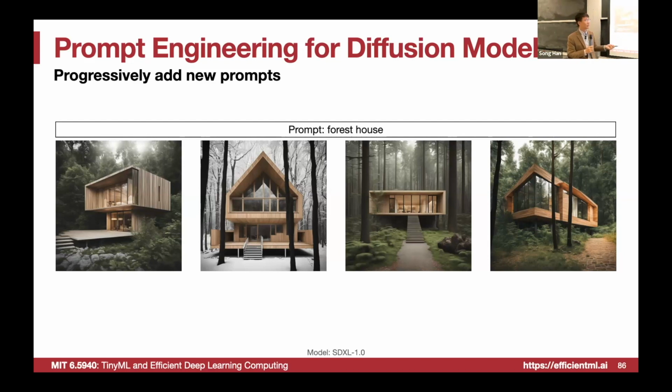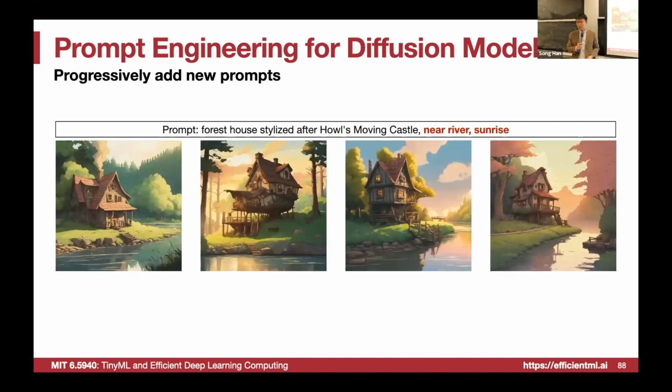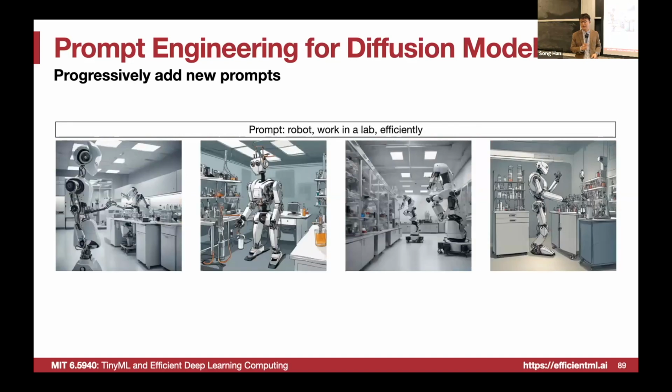So we progressively add new prompts, starting with a forest house, but maybe this is not what we want. We want to stylize it after Howl's Moving Castle. So we can progressively add new prompts. If you want to make it more precise, near river, sunrise, I'm just going to give near river sunrise images.